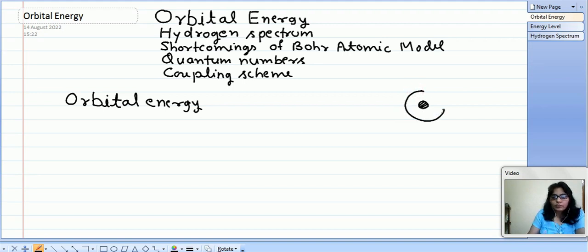So let us make a few orbits, in which electrons are revolving around the nucleus.